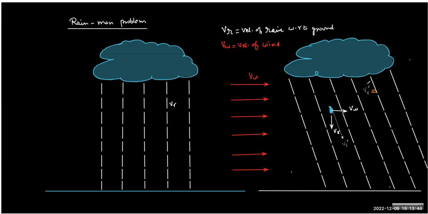So that's correct. What you said is correct, that VR dash is VR vector plus VW vector. And what is the angle between these two vectors? 90 degrees. So the VR dash value is how much? It is under root of VR square plus VW square. It is simple Pythagoras because these are mutually perpendicular components.